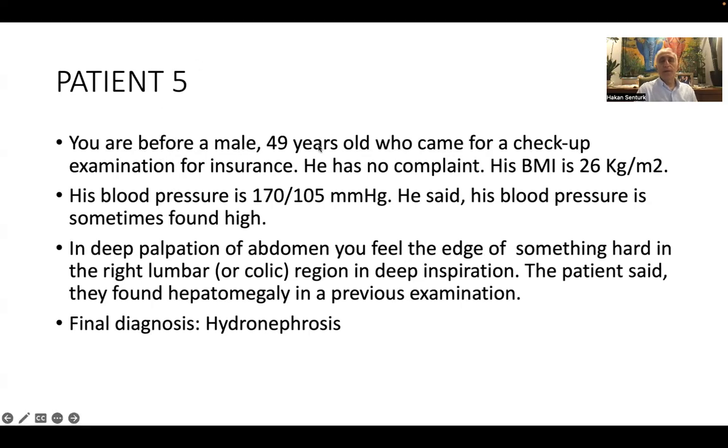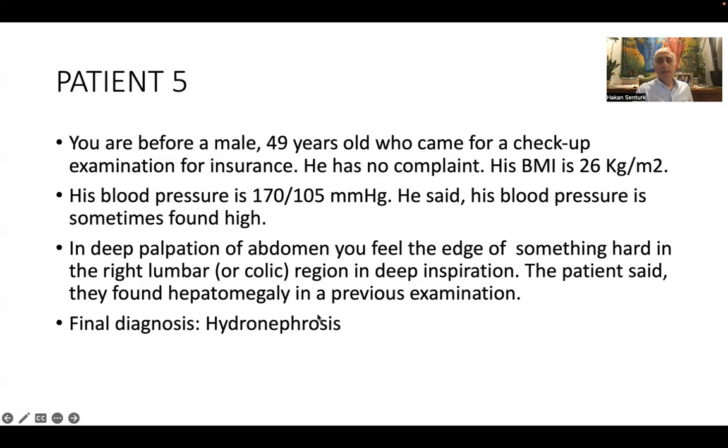You are before a male, 49 years old, who came for a checkup, and his BMI is slightly increased, slightly overweight. His blood pressure is elevated, and he said his blood pressure is sometimes found high. In deep palpation of the abdomen, you feel the edge of something hard in the right colic region. It may be hepatomegaly, but in this patient, it is not, because this is a hydronephrosis of the right kidney.